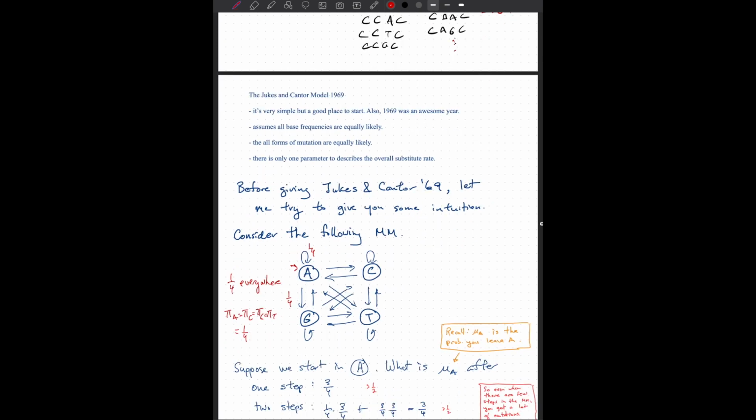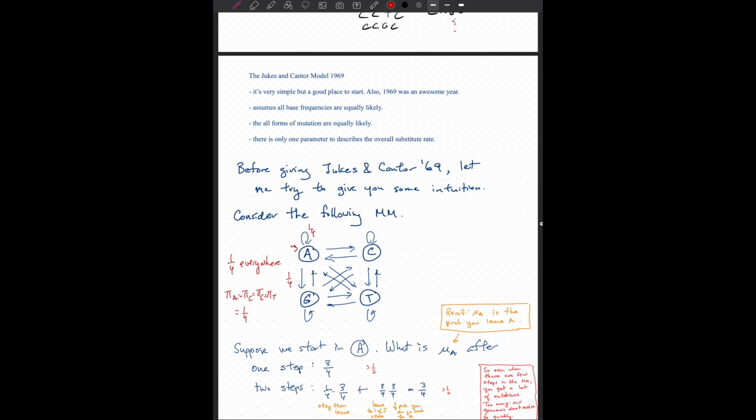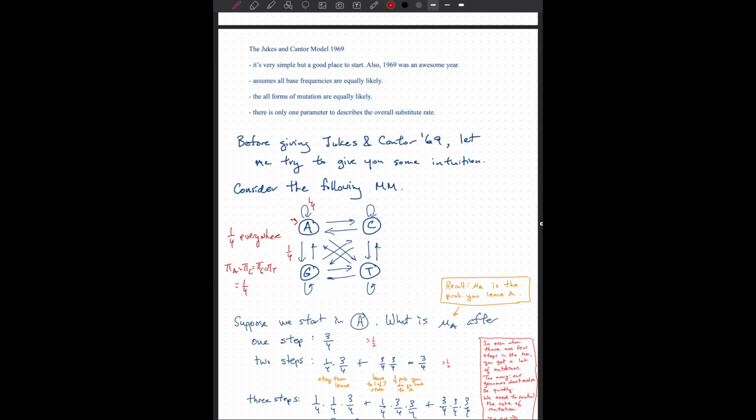So that leads to the first of these very classic models for nucleic acid evolution, and that's the Jukes-Cantor model from 1969. It's very simple, not very realistic at all, but it assumes all base frequencies are equally likely, A, C, G, and T are all the same.